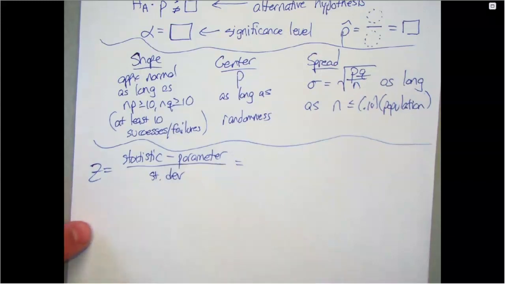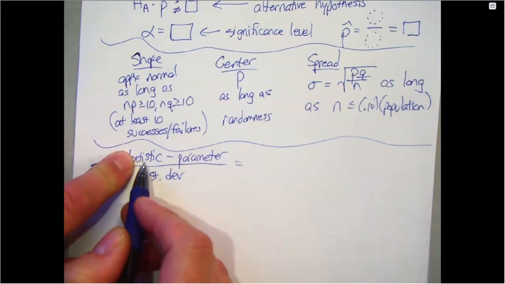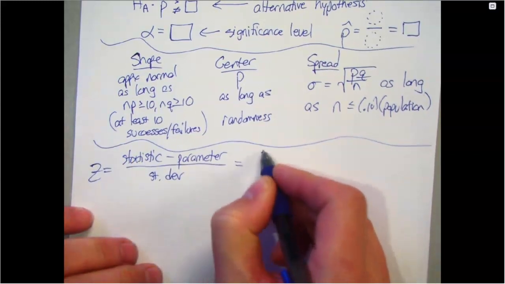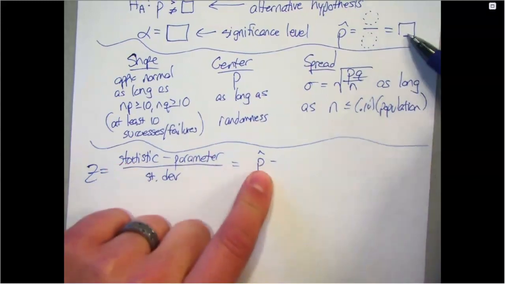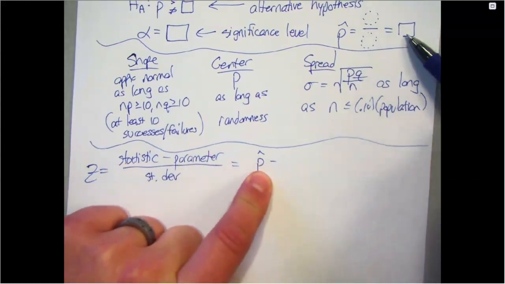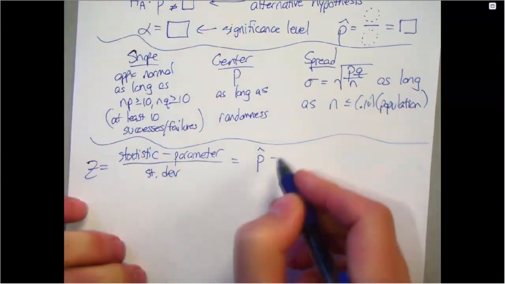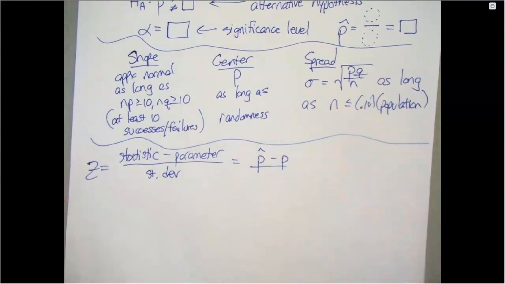So how do I notate statistic if I'm doing one proportion? The statistic is just p hat. That's your sample, the thing that we found up here. And P is the claim that they're making that they think is true about the population.